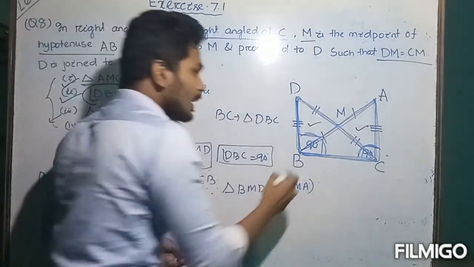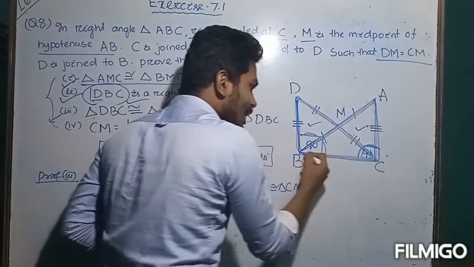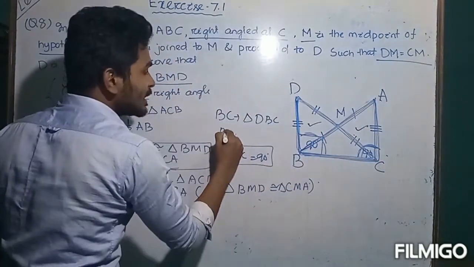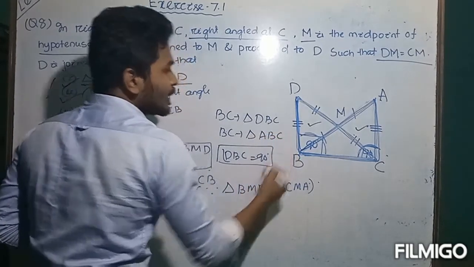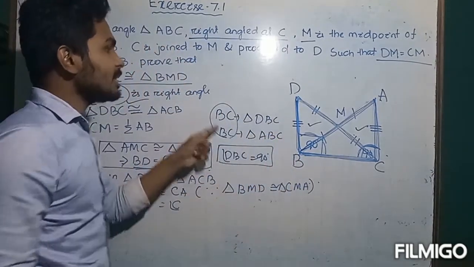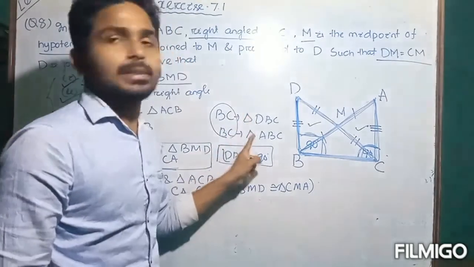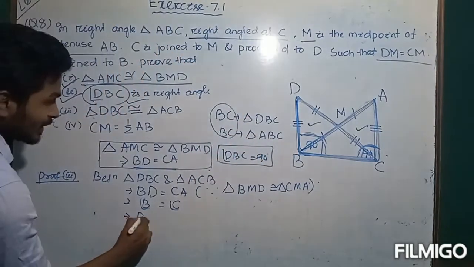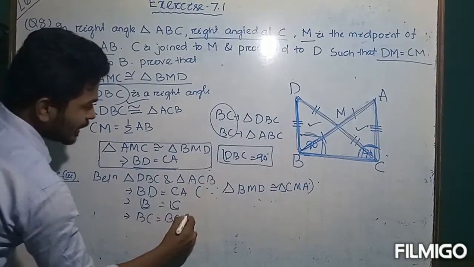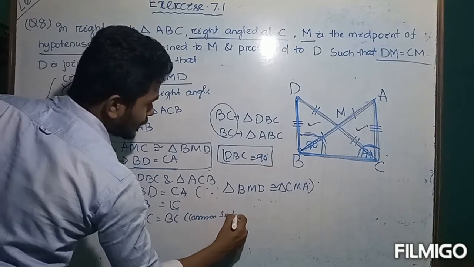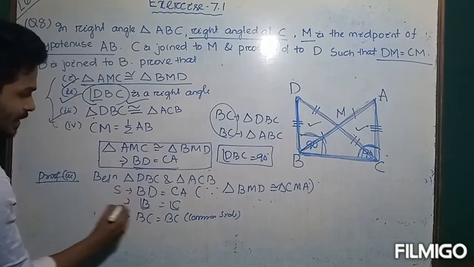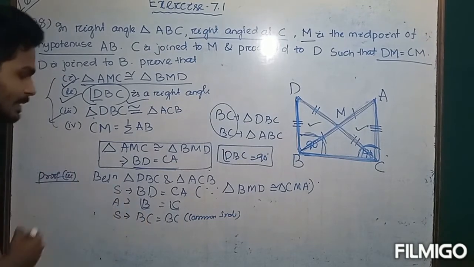Similarly, BC is also a side of the triangle ABC. So BC is the common side to both triangles. So we can write BC is equal to BC, common side. So this stands for side, this stands for angle, and this stands for side.